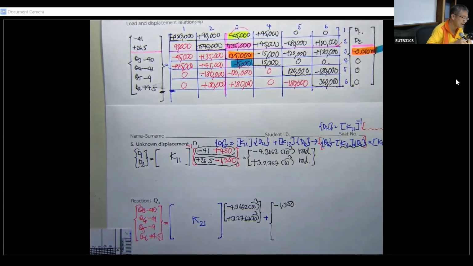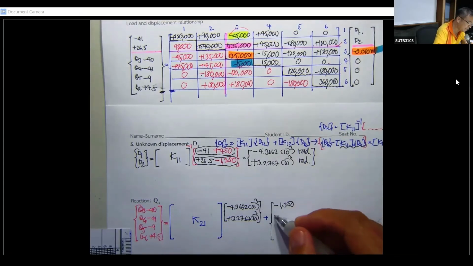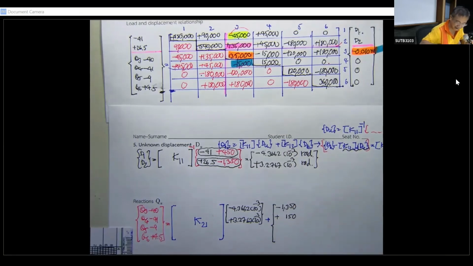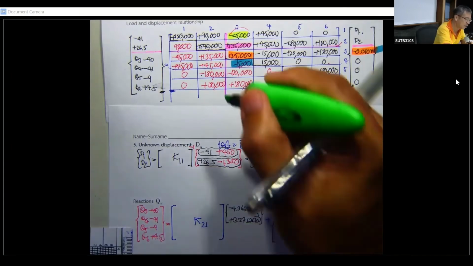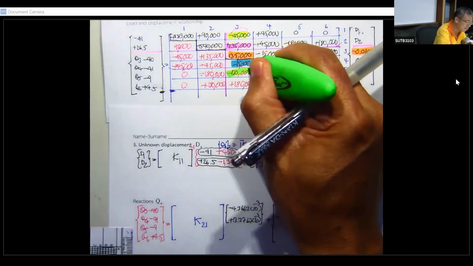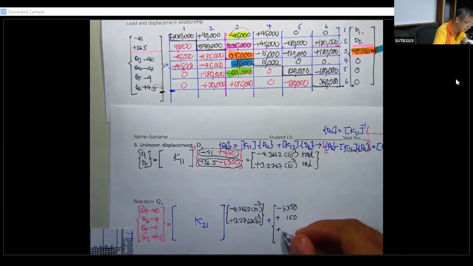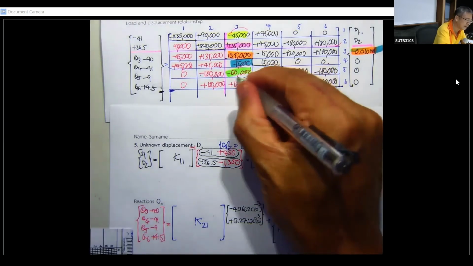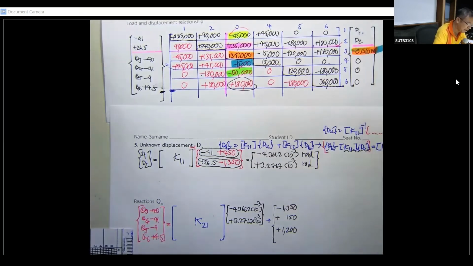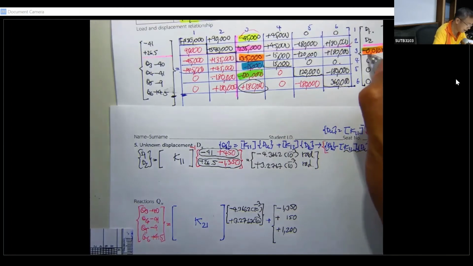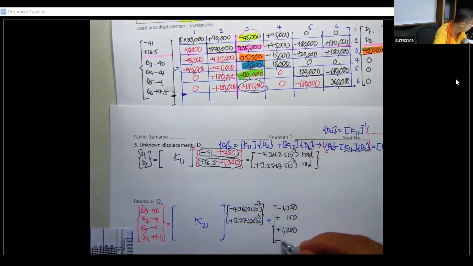It's going to be just 150, and negative, you get plus 150. Then this is going to be minus and minus, that is going to be positive 1200, and the last one times this one is going to be negative 1800.